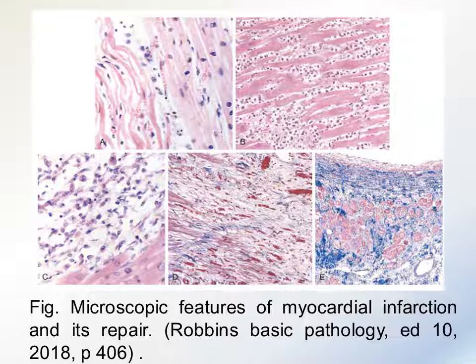In figure D, granulation tissue characterized by loose connective tissue and abundant capillaries. Figure E shows the healed myocardial infarct consisting of a dense collagenous scar.